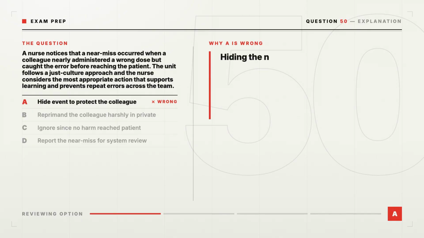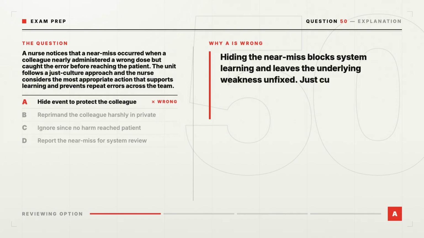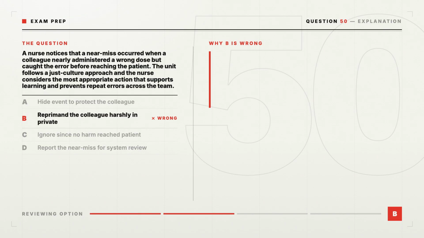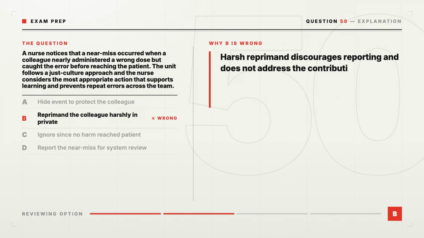A is wrong because hiding the near miss blocks system learning and leaves the underlying weakness unfixed. Just Culture replaces blame with reporting precisely, so honest disclosure can lead to better processes for every nurse on the unit. B is wrong because harsh reprimand discourages reporting and does not address the contributing system factors.